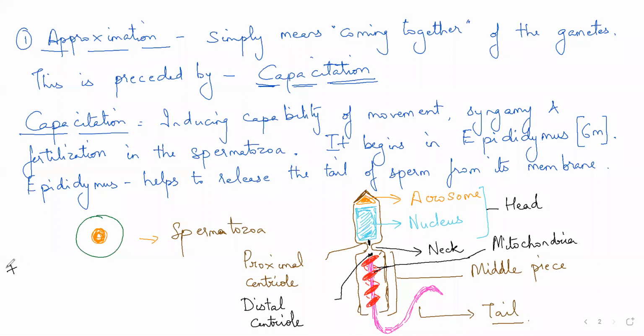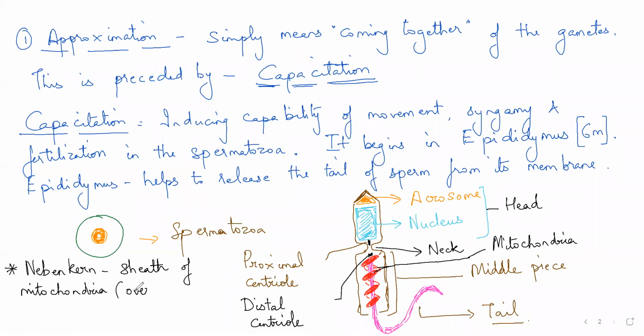There is this word, Nebenkern, K-E-R-N. Nebenkern is a sheath covering of mitochondria over the fibrous part, and this fibrous cord coming out from the middle is known as the axoneme.